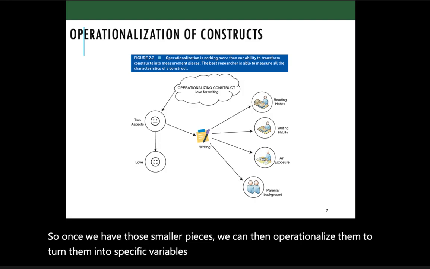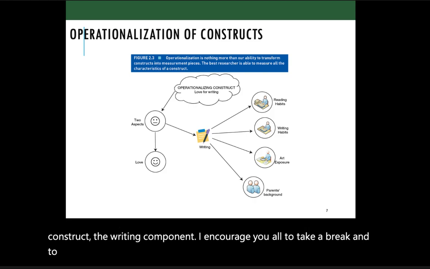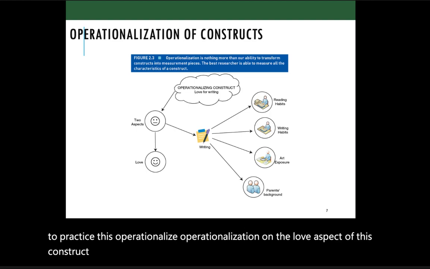So we did this on one aspect of this construct, the writing component. I encourage y'all to take a break and to practice this operationalization on the love aspect of this construct. And when you come back, we will jump into the second part of our lecture on chapter 2.